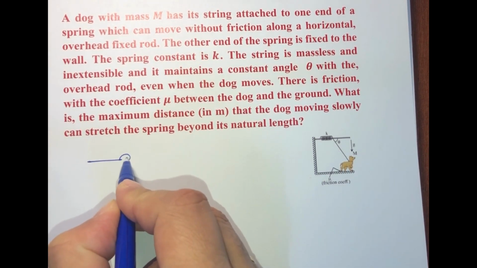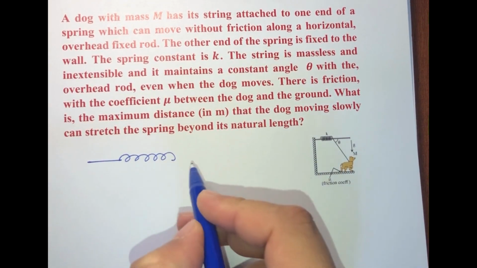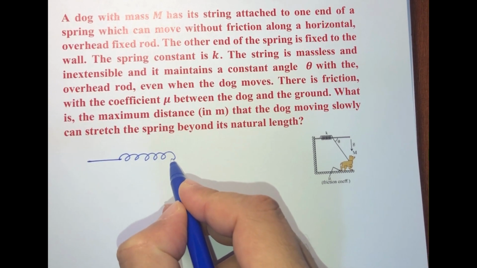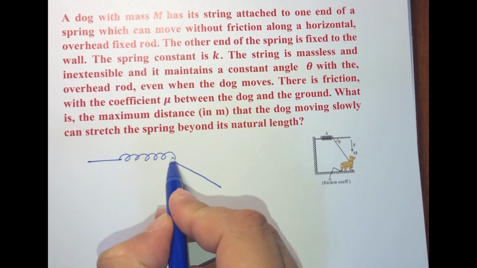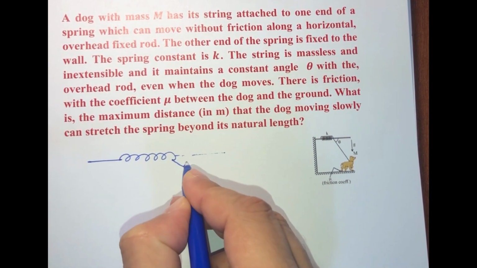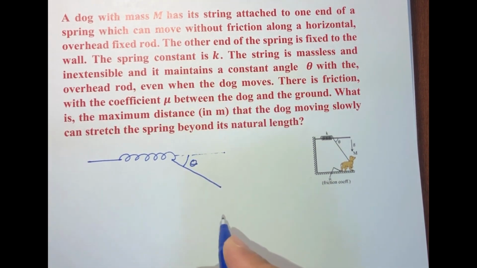So this is a spring and we have a string which is making an angle of theta with the horizontal. This angle is theta.